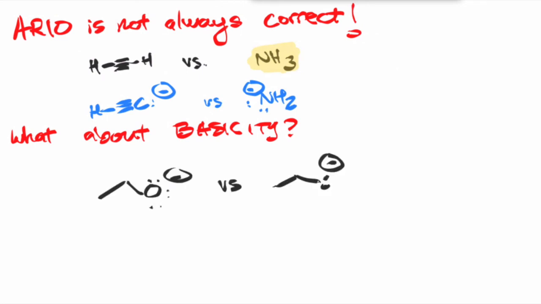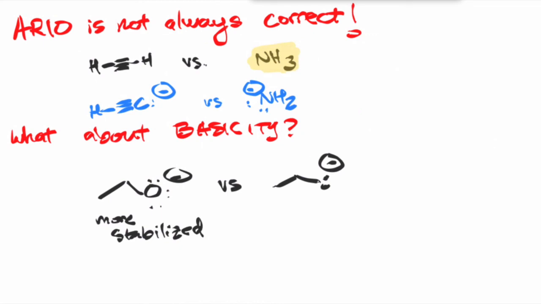So again, circling back to our first example, these two bases here, which one is more basic than the other? Notice that the first base has a negative charge on the oxygen versus the second one has a negative charge on the carbon. Which one is better at stabilizing that negative charge? That oxygen, right? That oxygen can more stabilize that negative charge.